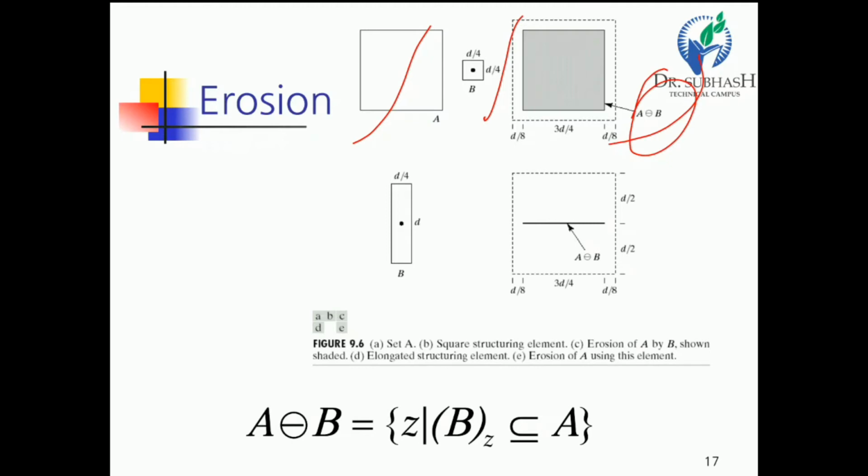Along the structuring element, eroding A using this element, we get an erosion that is smaller, shown by the shaded area. So the function of A erosion B equals the set of Z such that B translated by Z is a subset of A.